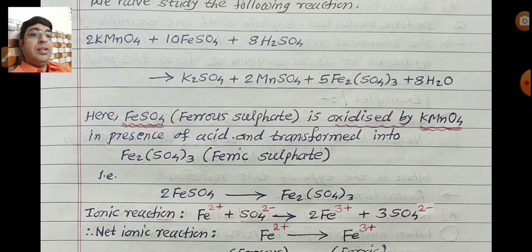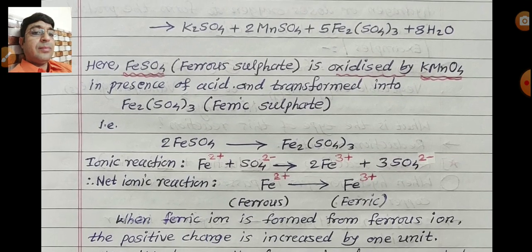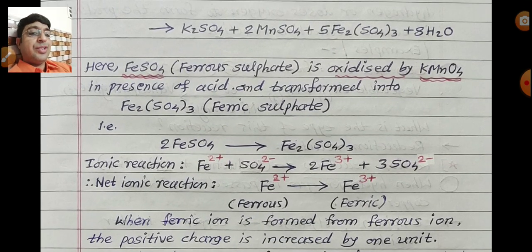So what happened here? Ferrous sulfate is converted into ferric sulfate. I think the valency of iron is changed in this example.